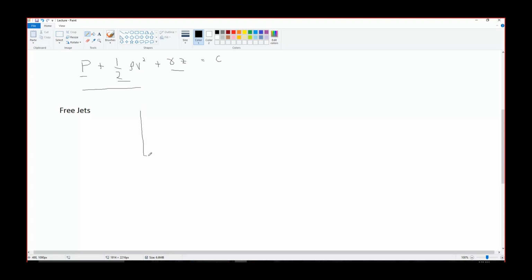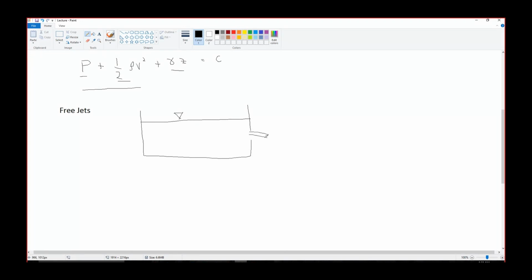Let's say I have this tank that is filled with fluid or water. This is the free surface. And there is suddenly some hole created in this tank. Let's say at this point, there is a rupture and there is a hole created. What will happen? Water will start coming out.